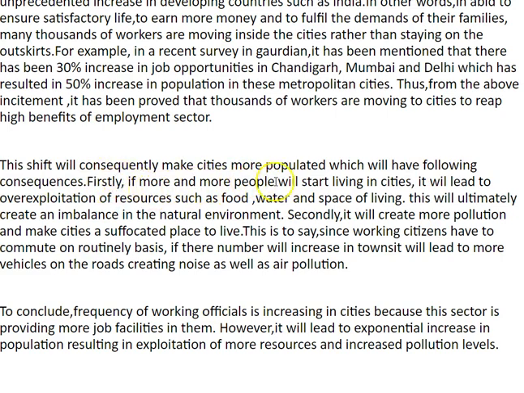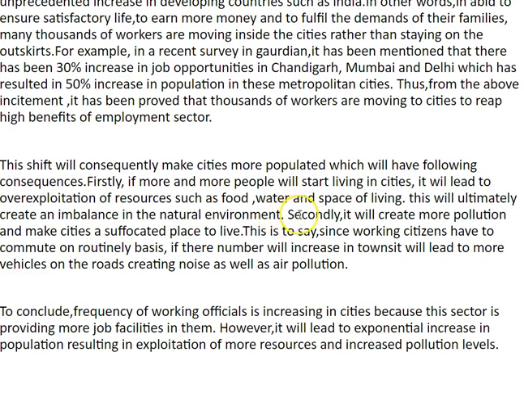Firstly, if more and more people start living in cities, it will, with two L's, lead to overexploitation of resources such as food, water, and living space. Good. This, capital T, will ultimately create an imbalance in the natural environment.